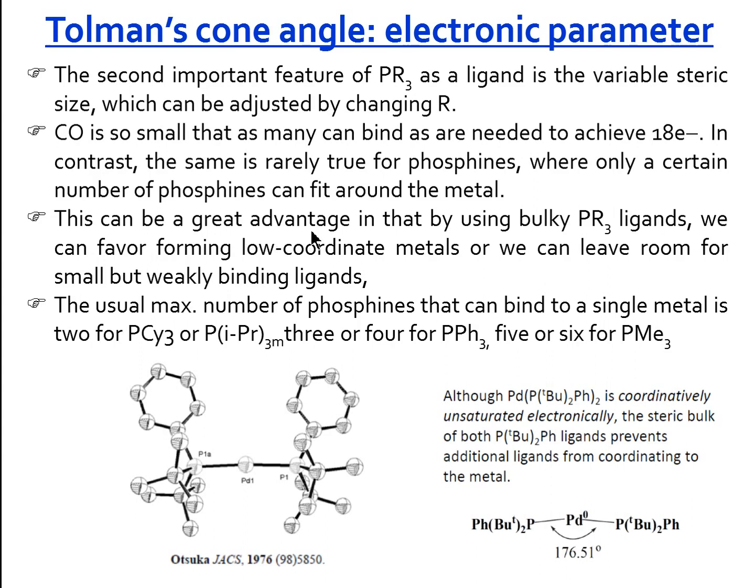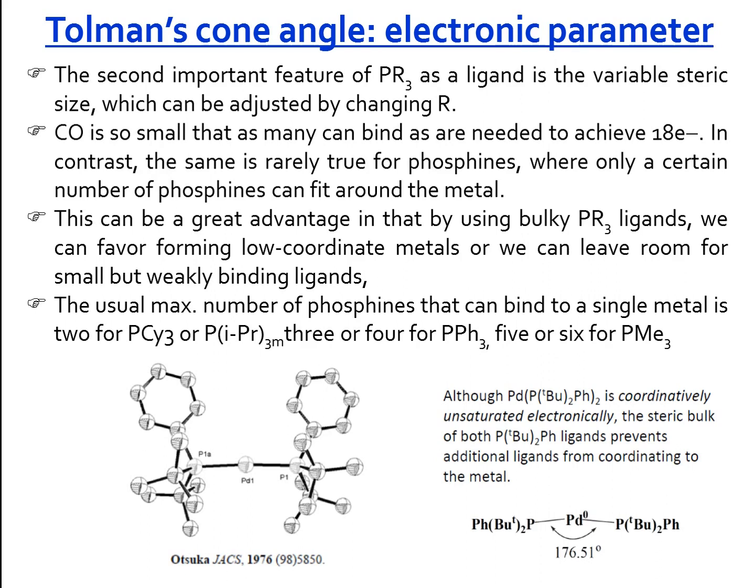This can be of great advantage, because by using bulky phosphine, we can favor forming lower coordinate metal complexes.